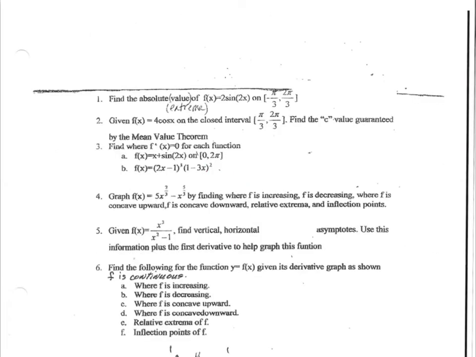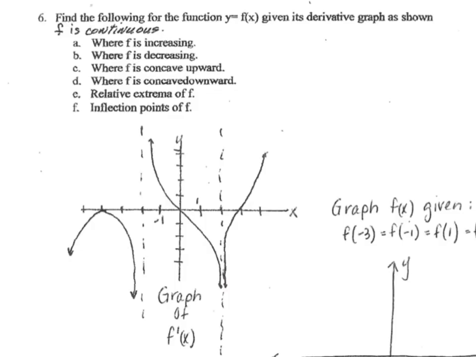For this next page, I'm going to do a separate video for questions 1 through 5, but I will put question 6 on this video. So this question gives us a graph of the derivative and wants us to find the following about f. So we know that f is increasing when f prime of x is positive.